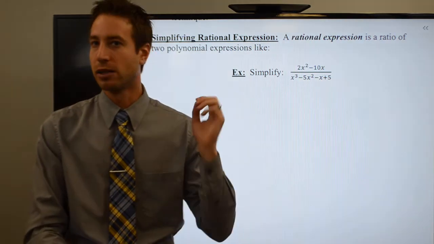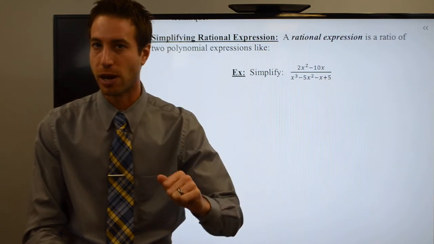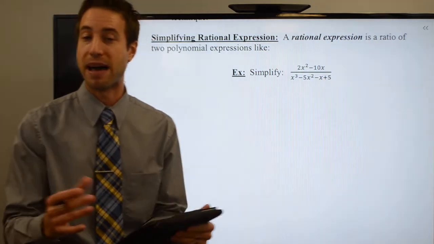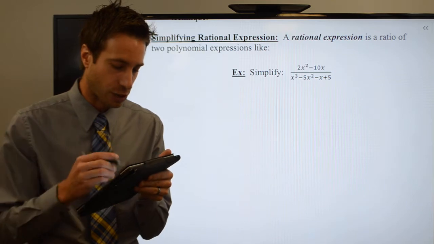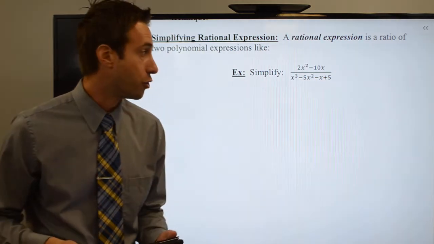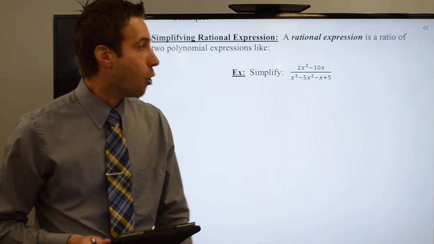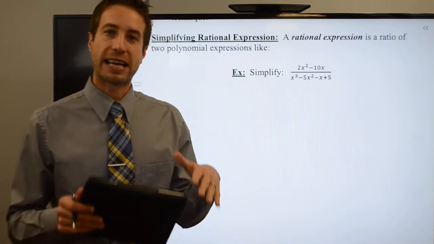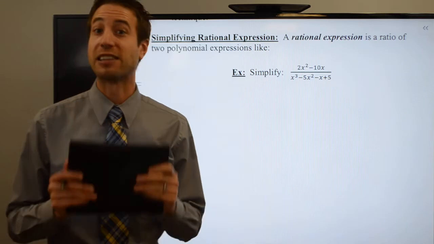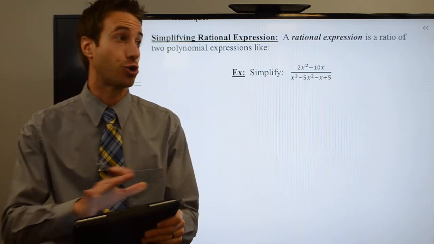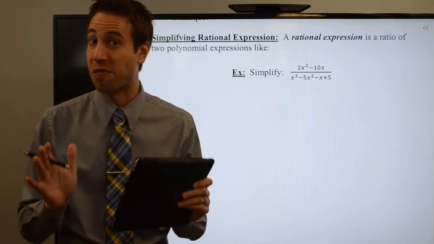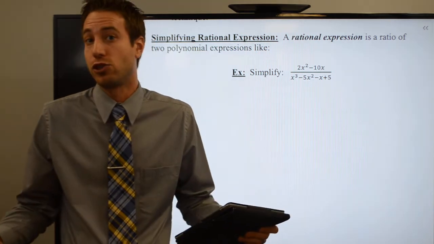So here we go. Let's just jump right back into brushing up on those factoring methods and skills that we've got here in Algebra 2. First, let's start with the numerator. Take a look at the numerator of 2x squared minus 10x. Well, a factoring method we learned back in Chapter 4, Section 3. In fact, the very first factoring method you should always look for is a GCF.